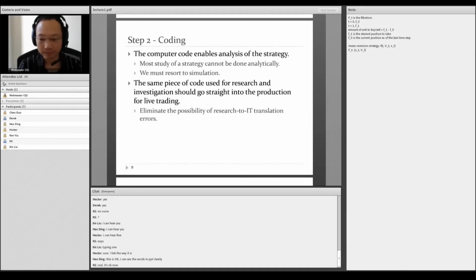So ideally, whatever software you use for research should go directly to production. For example, if you program in R or MATLAB, the same MATLAB code should be used for live trading.